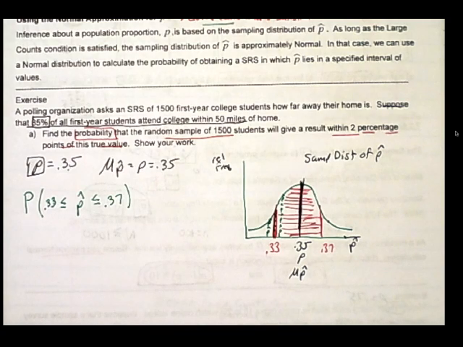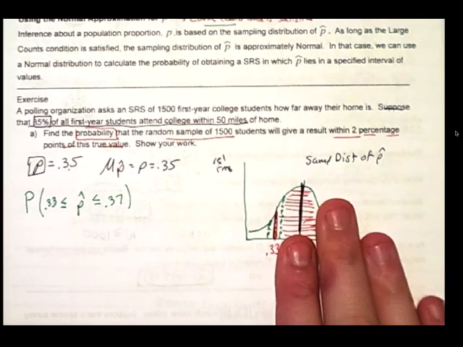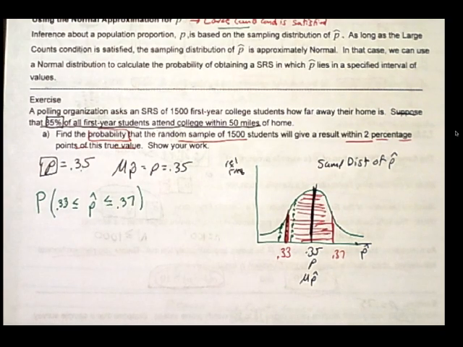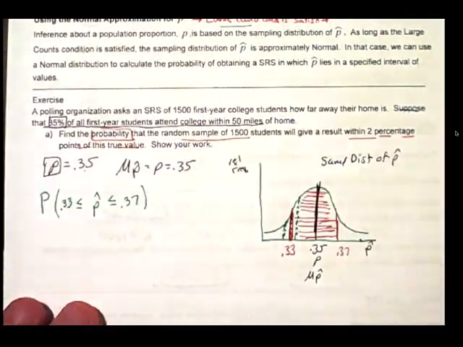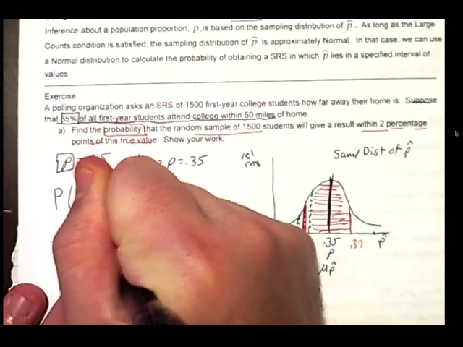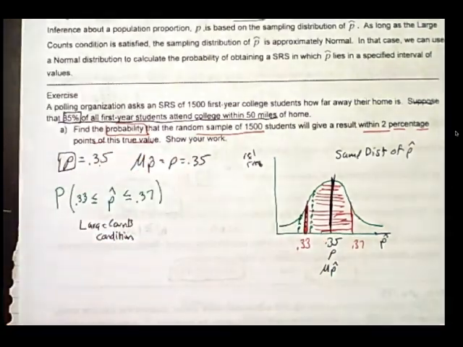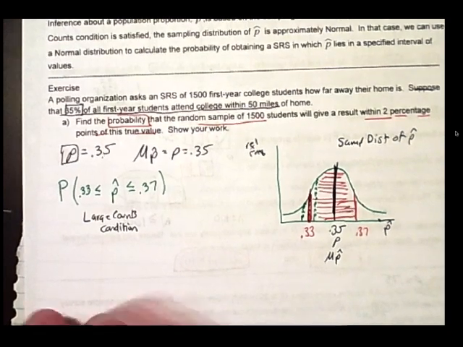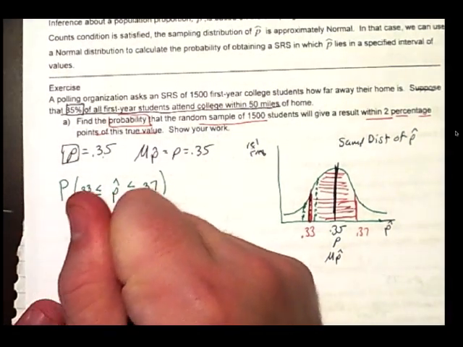Now, I drew a normal curve here, but I didn't check to make sure I was allowed to. So before we can actually do calculations here, we should check the large counts condition, and we should also check the 10% condition.